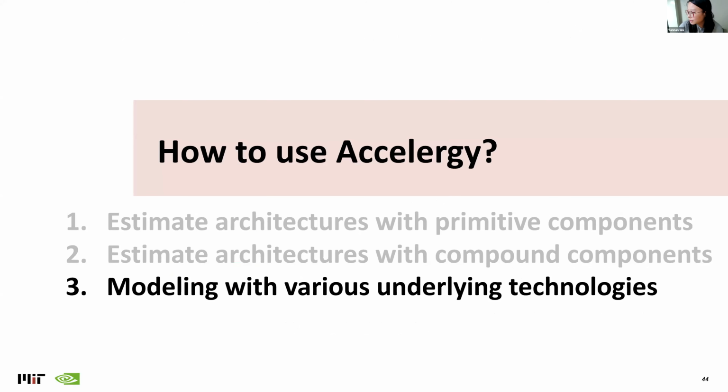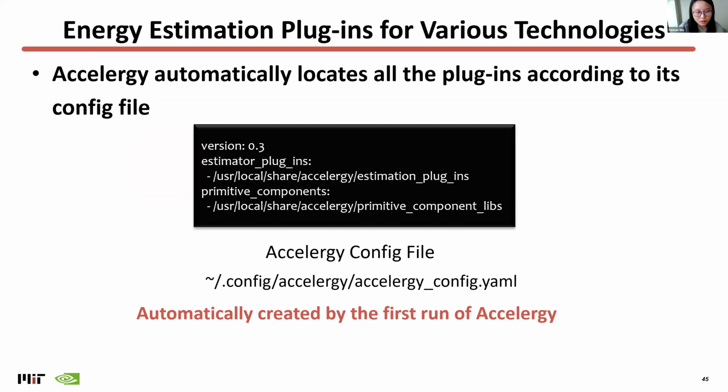The third point that I want to talk about is what we can do in terms of modeling different designs with various underlying technologies. You can see that we have different energy estimation plugins in the high-level Accelergy infrastructure figure we just showed. And how does Accelergy know there are external energy estimation plugins? The way Accelergy does it is it has this Accelergy config file, which is automatically created by the first run of Accelergy.